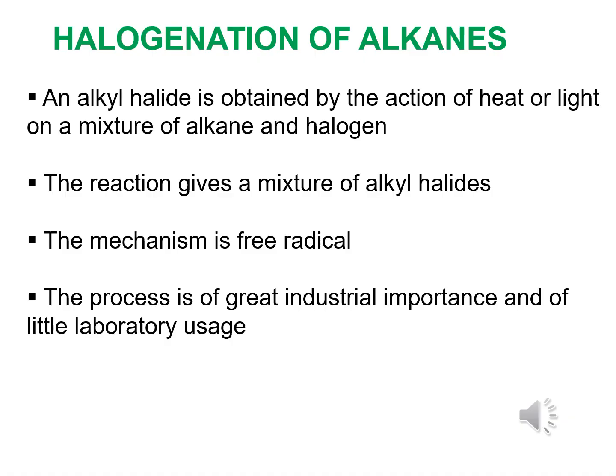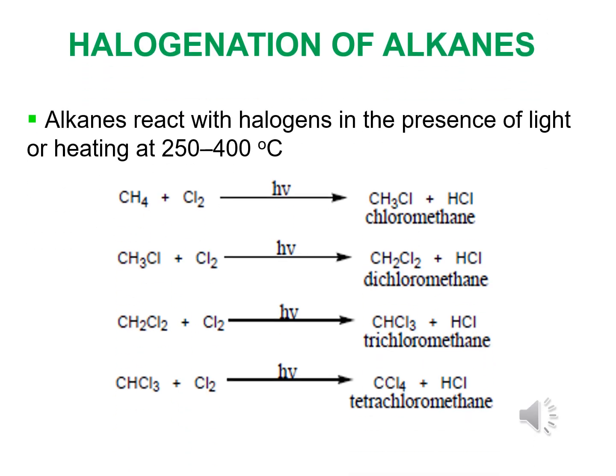When talking about halogenation of alkanes, this happens using free radical mechanism. This method is very useful only in industry. The laboratory usage is very little. This happens in the presence of UV light or high temperature, when the hydrogen in alkane is being replaced, substituted with halogen.